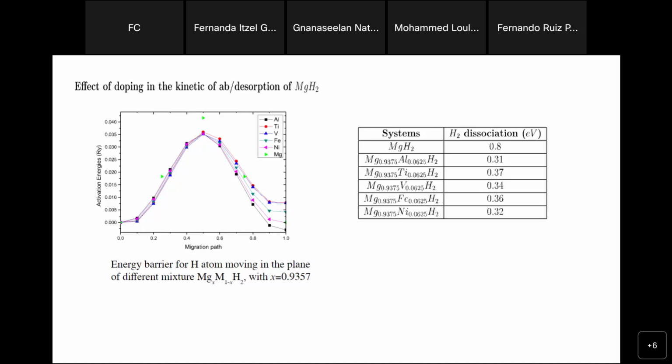The dissociation energy of the molecule at the surface presents a significant decrease. So this implies that the system presents a faster kinetic than in the pure magnesium hydride. Please, next slide, please.